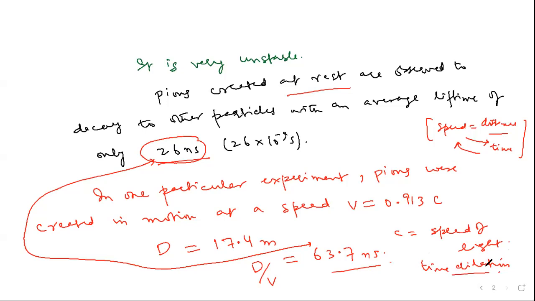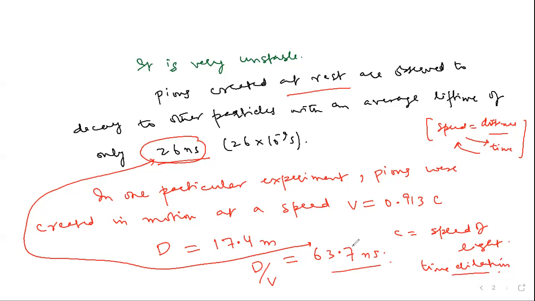And it suggests that something about the relative motion between the pion and the laboratory has stretched the measured time interval by a factor of about 2.5. To find the ratio of 26 nanoseconds and 63.7 nanoseconds, you will get a factor of 2.5.